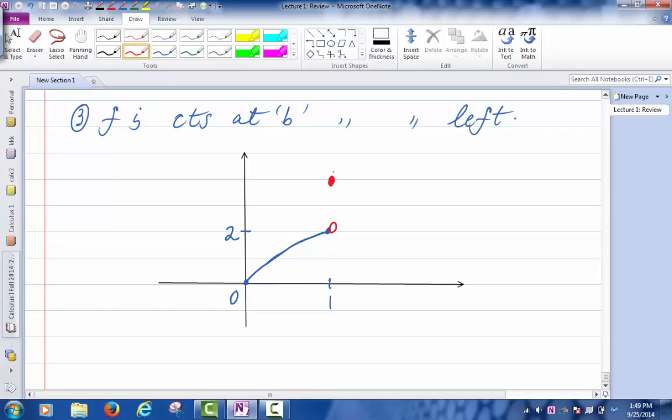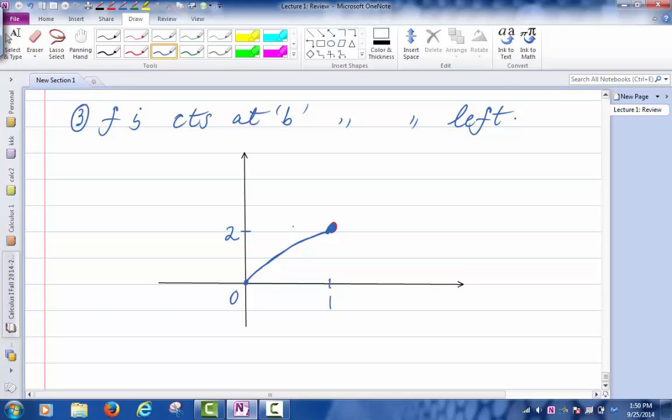However, notice that if I change the definition, let's say the function is defined by 4 at 1. This is no more continuous at 1 from the left, right? The limit at 1 from the left is not the same as the value of the function. But if I have this situation here, then it is continuous at 1 from the left. Is everybody okay with that?